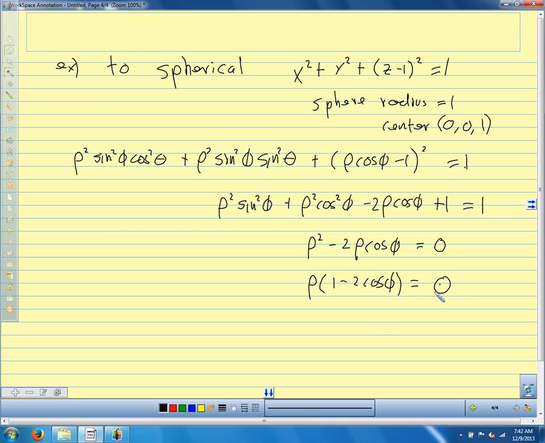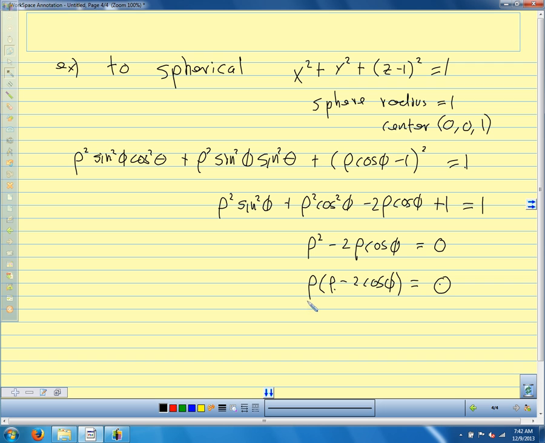Am I going to lose anything if I say that rho is not 0, if I just ignore this solution or divide by rho?